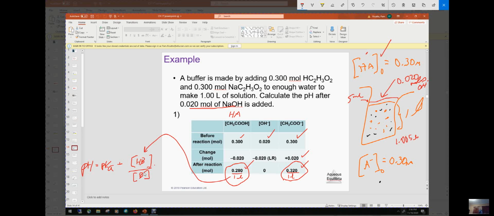Oh, I shouldn't use B, I should use A. That's confusing.